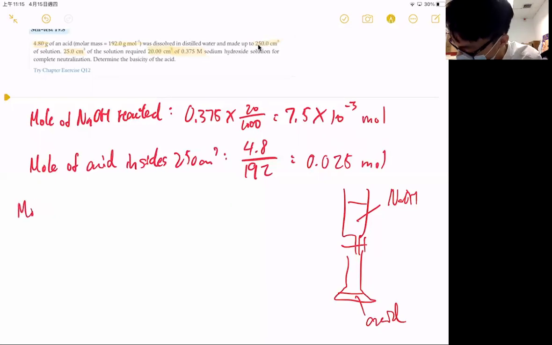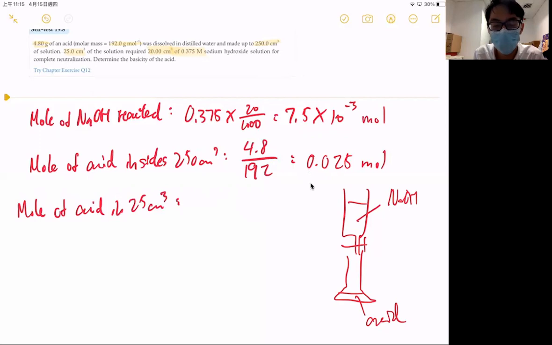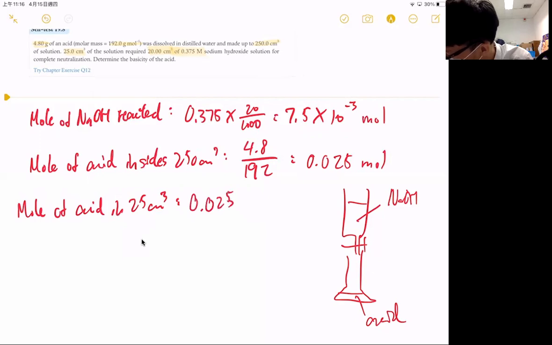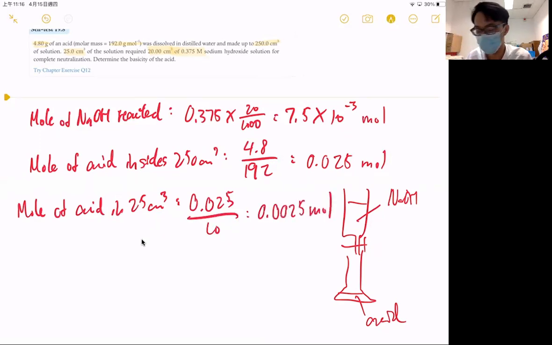So the number of moles of acid inside 25 cm cube will be, since we have 0.025 mole of acid inside 250 cm cube, inside 25 cm cube we only have 0.025 divided by 10 moles of acid. So we will get 0.0025 mole of acid inside 25 cm cube.